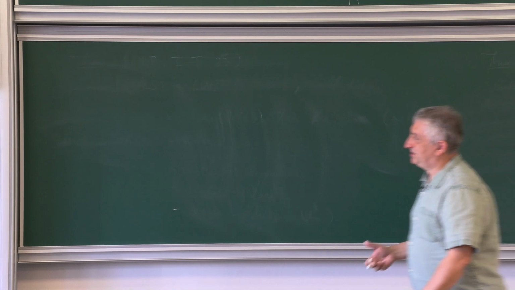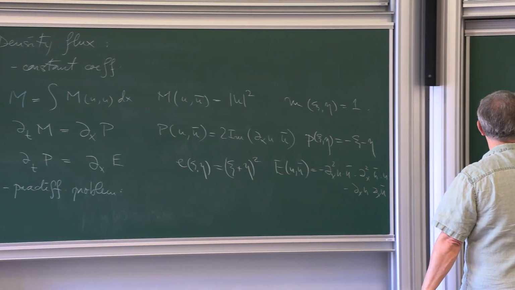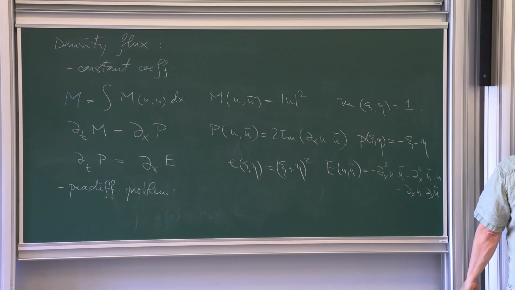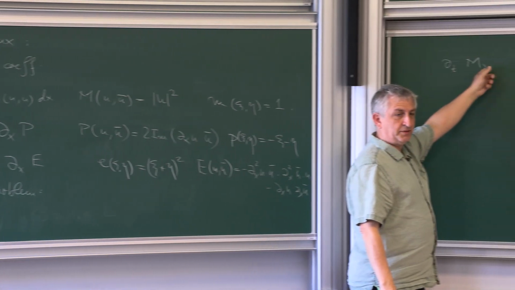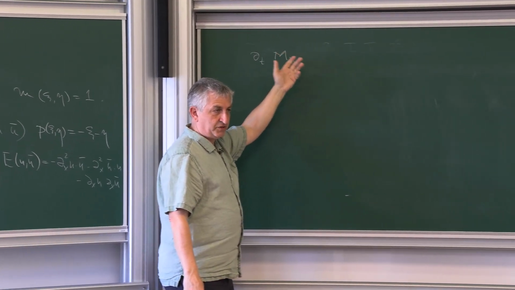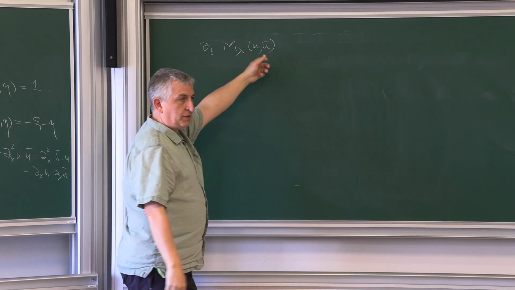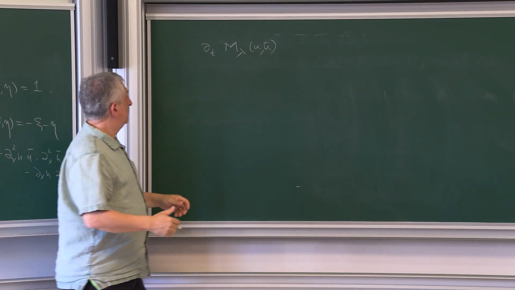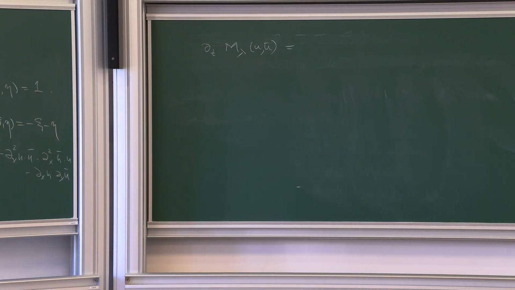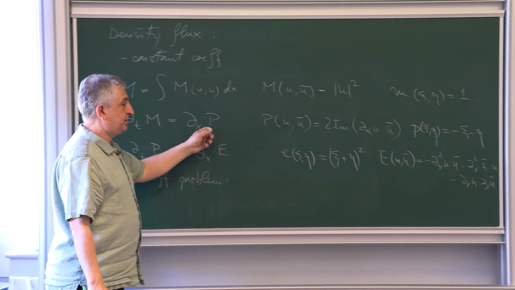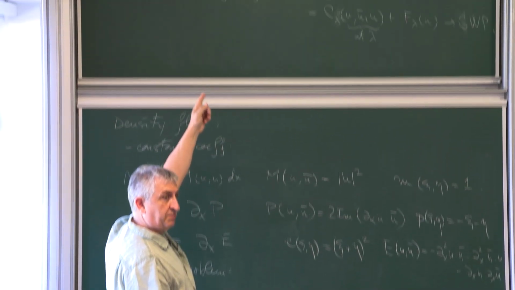And so what happens if you compute the derivative of the mass for the paradifferential problem? So dt, let's say, m lambda. So here I'm looking at the, if you want, localized mass in the paradifferential problem. M lambda of u, this is the same as m of u lambda and u lambda bar. Okay, this would be equal to, and it's going to be absolutely identical, except that I'm going to also get a metric factor in here because my paradifferential operator has the metric in it.